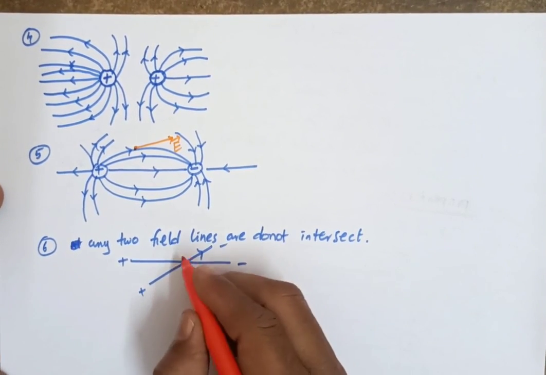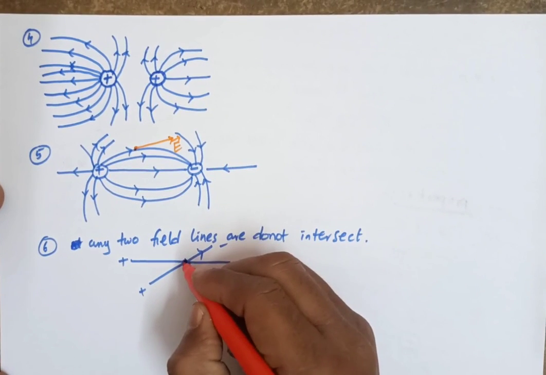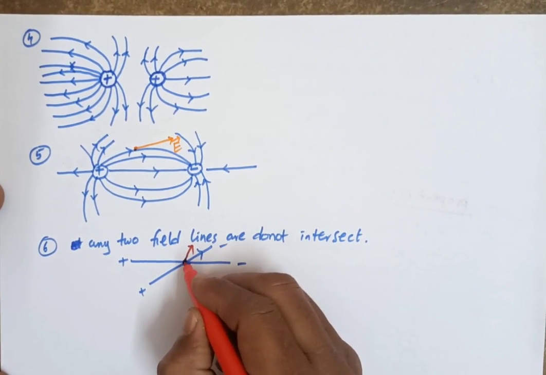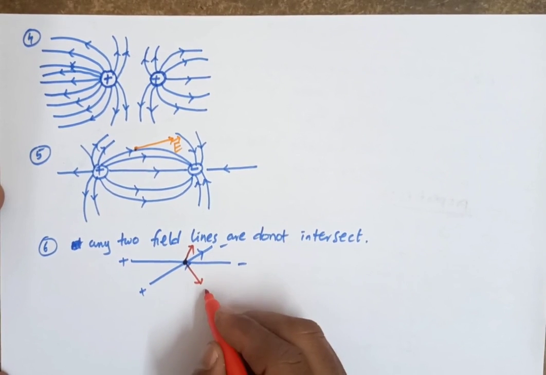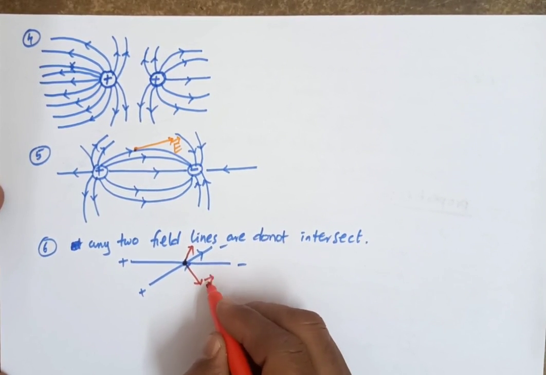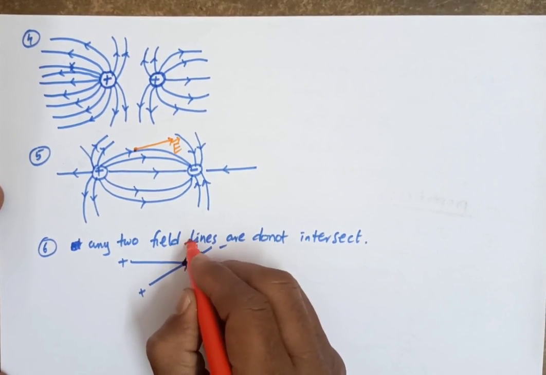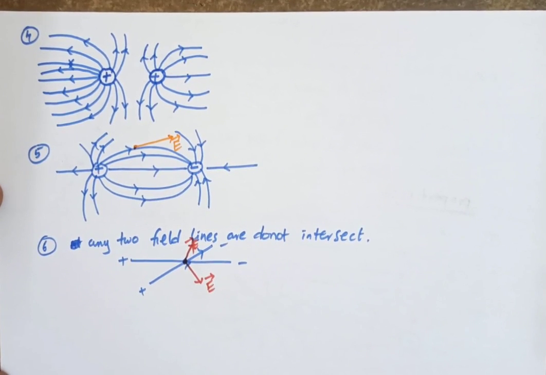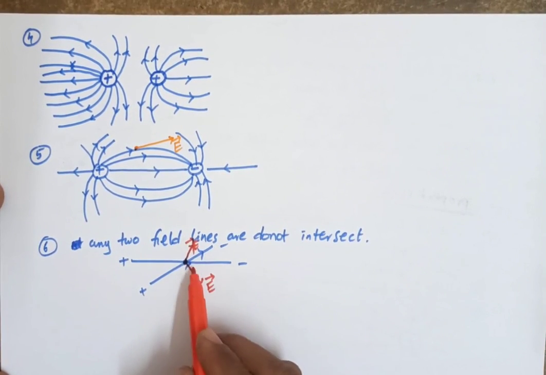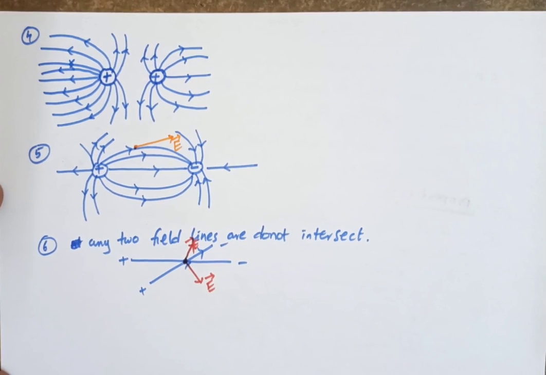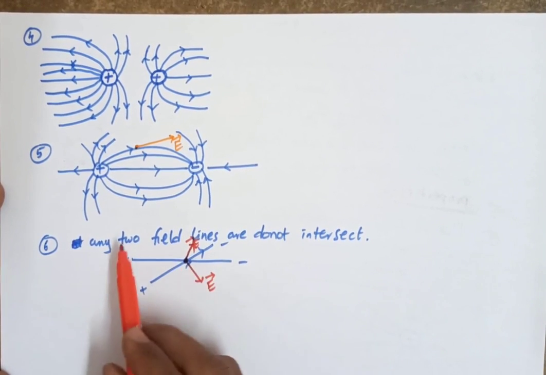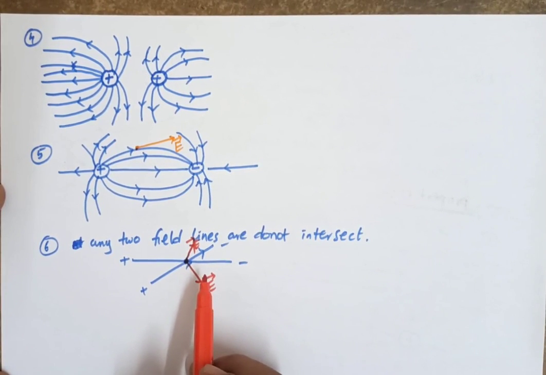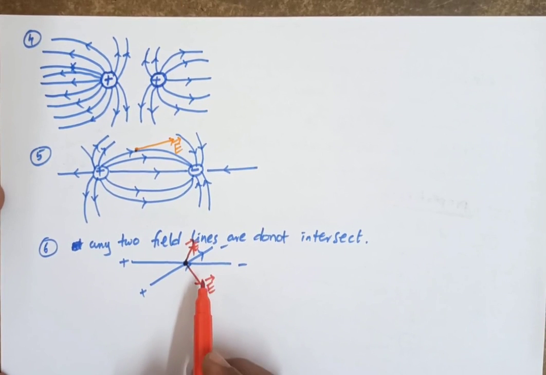There would compulsorily be two directions of the electric field at that point, but that is impossible, because the field has a unique direction.